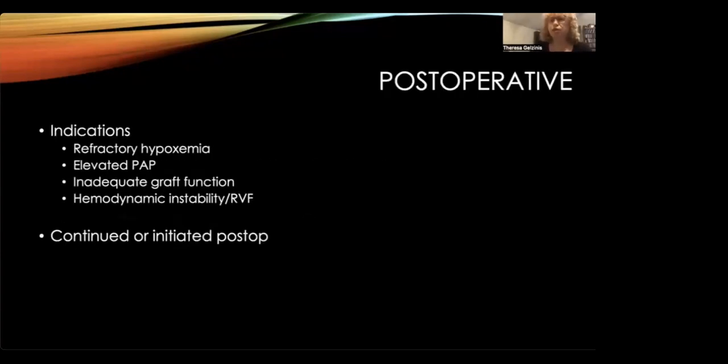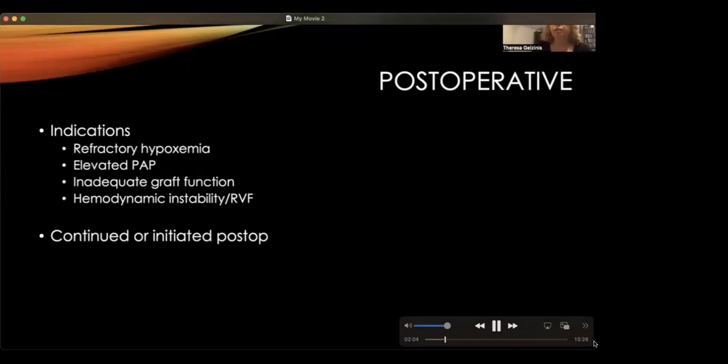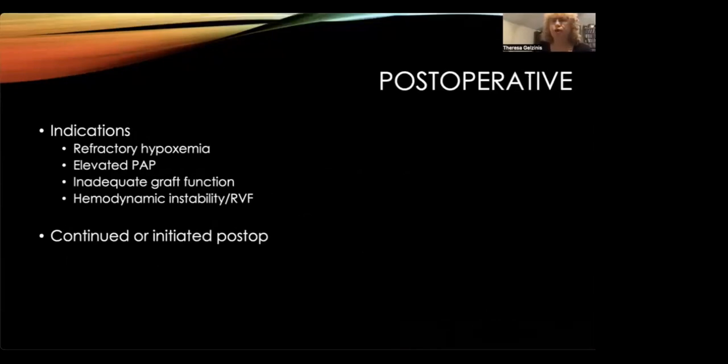Postoperative indications include refractory hypoxia, elevated PA pressures, inadequate graft function, and hemodynamic instability, especially right ventricular failure. Postoperative ECMO can be a continuation of intraoperative ECMO or can be initiated in the ICU.